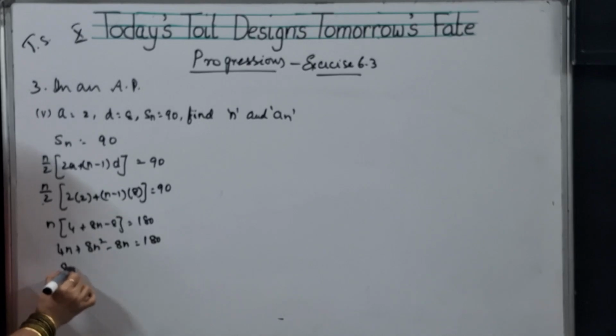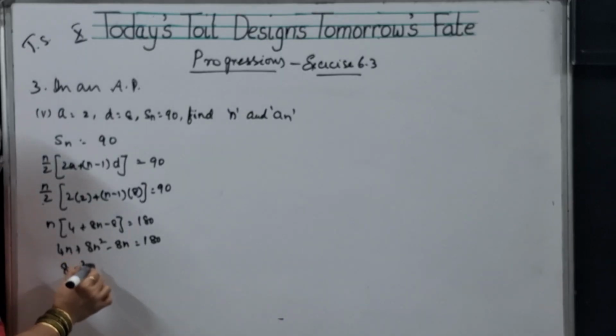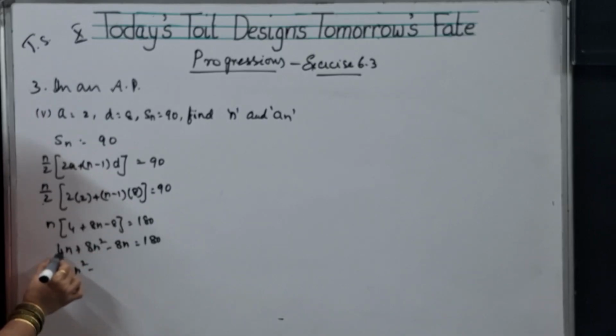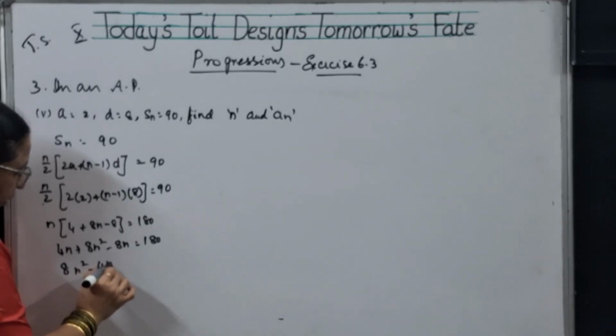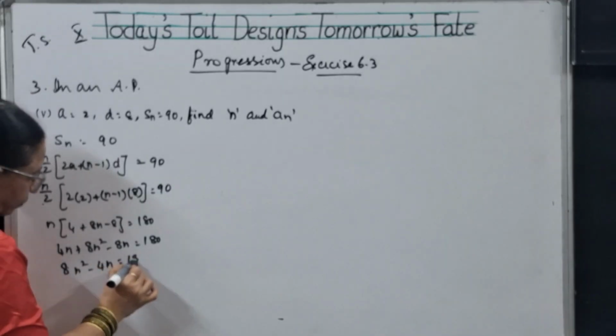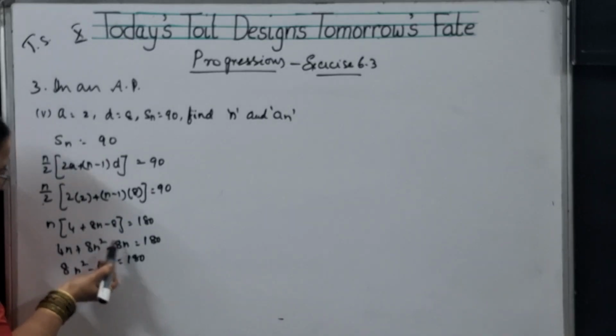That means 8n square, and 4n minus 8n, how much will you be getting? You will be getting minus 4n is equal to 180. So 8n square plus 4n minus 8n.